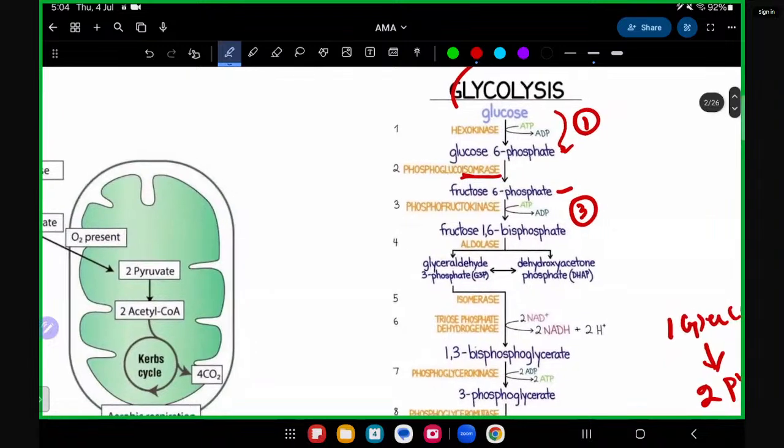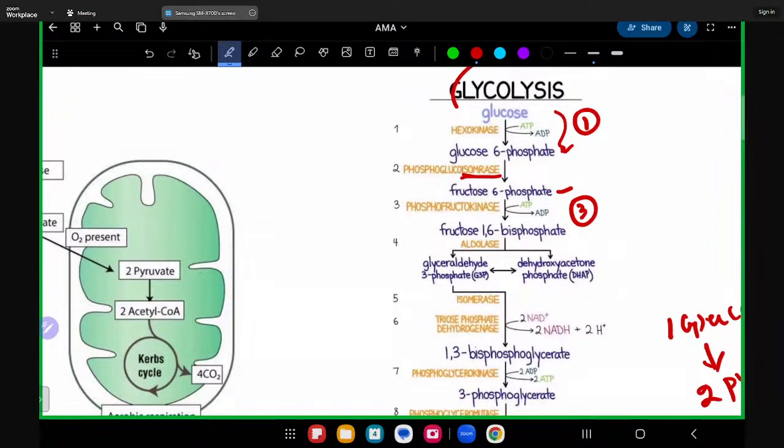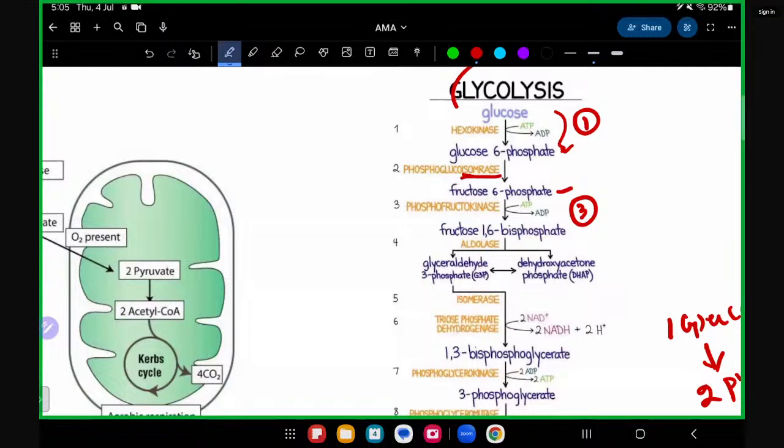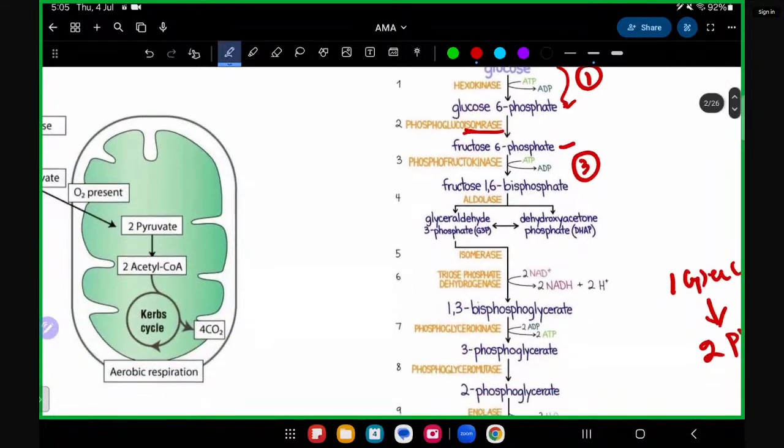In the fourth step, fructose 1,6-bisphosphate is converted into glyceraldehyde 3-phosphate and dihydroxyacetone phosphate, DHAP. It is a split reaction, right? Then the glyceraldehyde 3-phosphate is converted into 1,3-bisphosphoglycerate. Here there is generation of an NADH2 molecule.